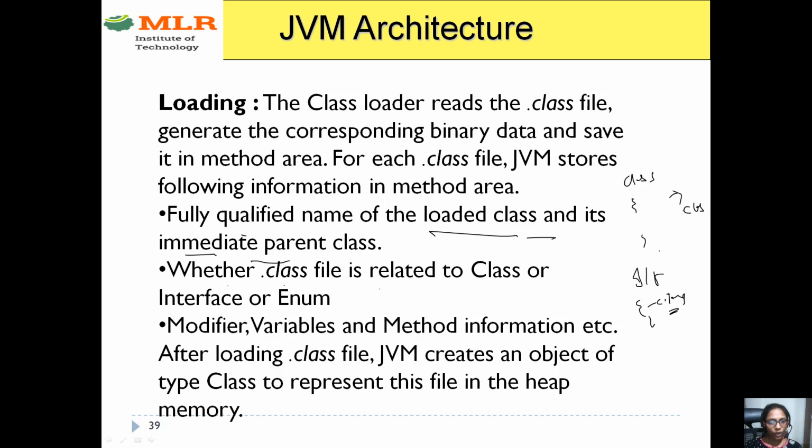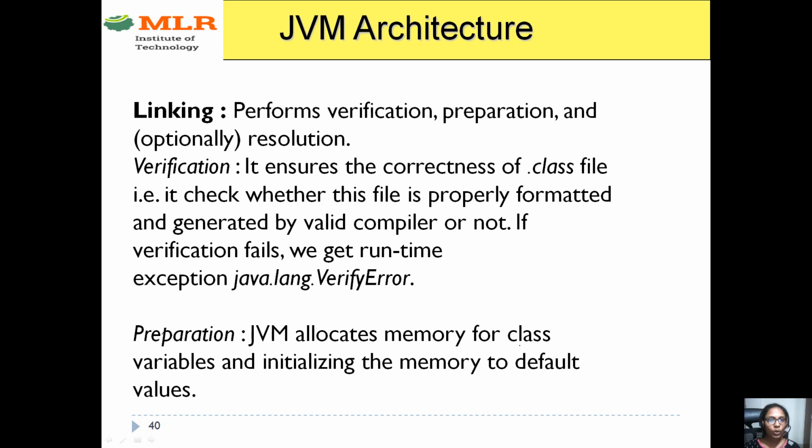After giving the dot class file, it will find out whether it is an interface dot class file or a class dot class file. That also it will save, and it will also save the modifier, variables, method information, etc. Modifier in the sense of access specifier, what you are giving to that method or data. All these things will be maintained in the class loader subsystem. This is about the loading phase.